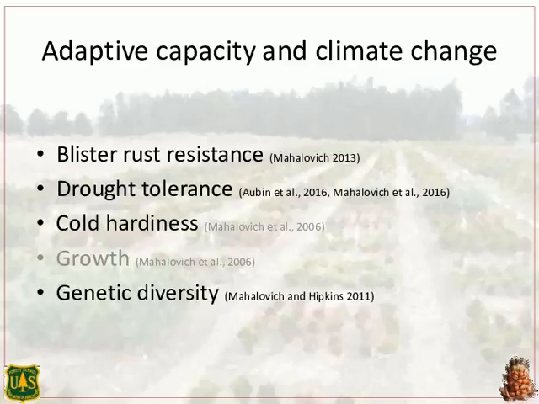So I wanted to begin to look at different modeling techniques to answer questions about an integrated representation of adaptive capacity for whitebark pine, and also to see are we doing a good job of sampling the adaptive capacity and genetic diversity on the landscape in our program.